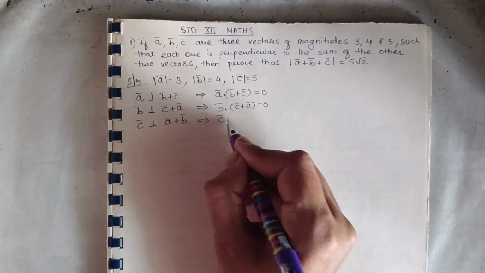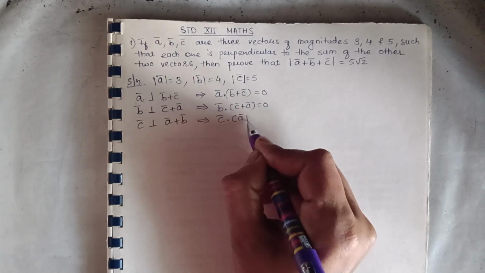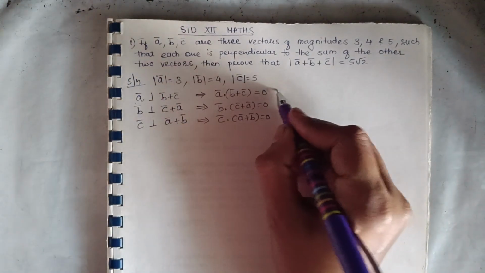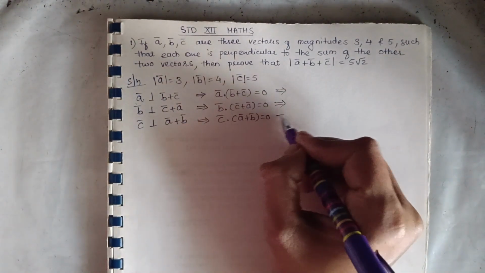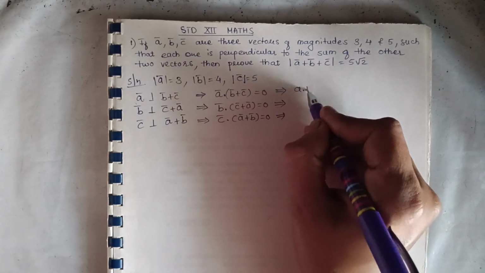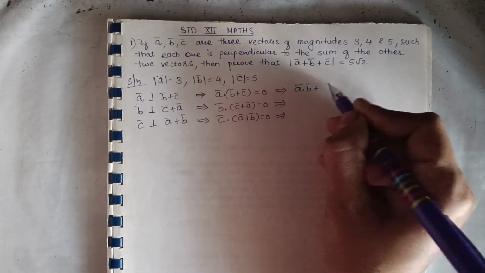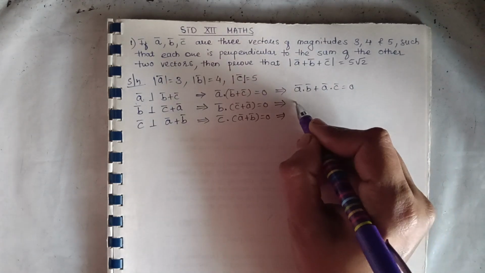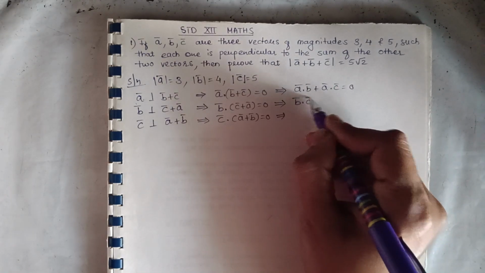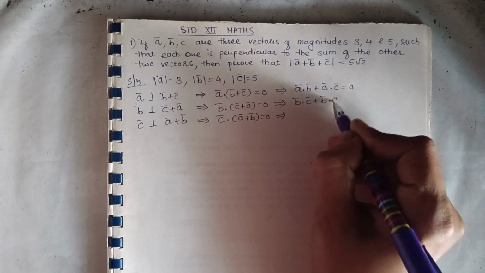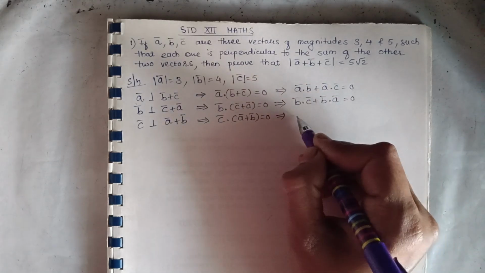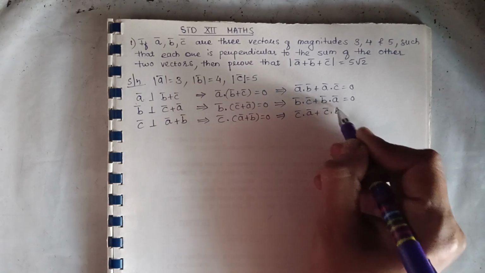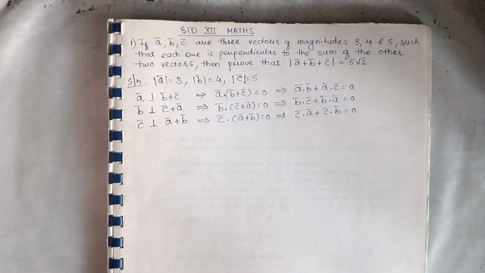So you can write this as A dot B plus A dot C is 0, B dot C plus B dot A is 0, C dot A plus C dot B is 0.